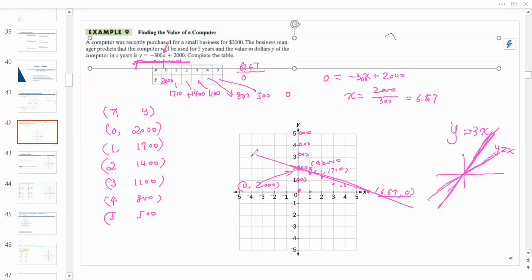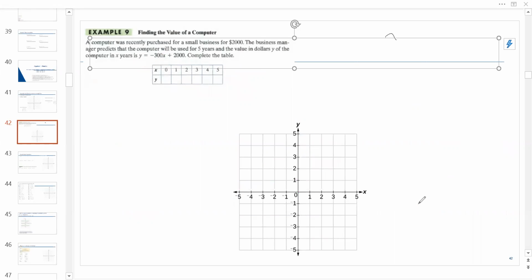So this is actually the linear line. A linear line is a straight line. And they have a linear relationship between x and y. Let's see some more examples.